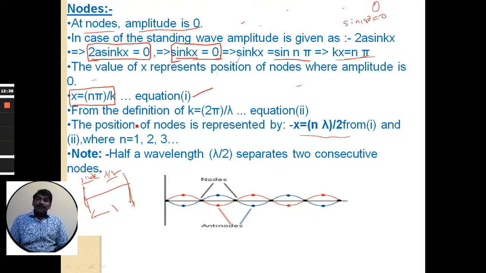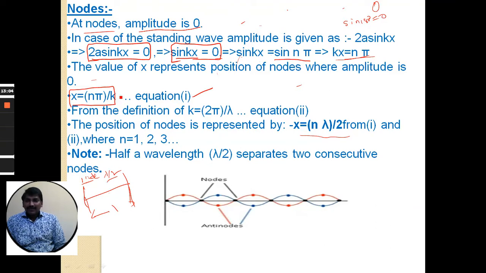Now you can see here, from the basic definition, wave number can be defined as the number of cycles per unit wavelength, so 2 pi by lambda. I take this as equation 2.